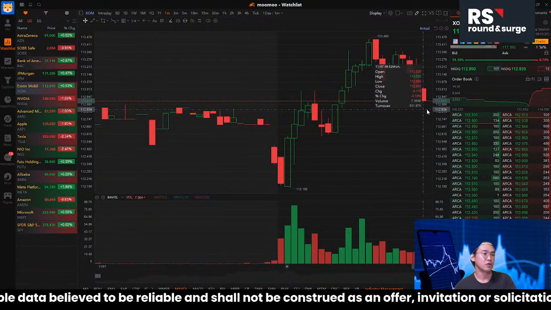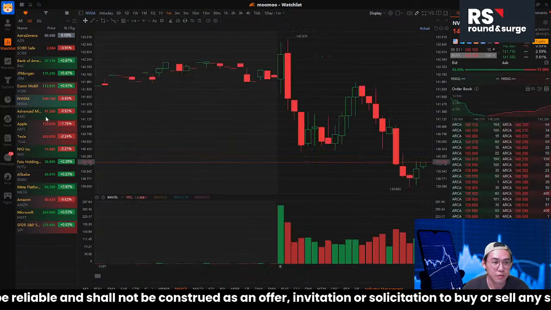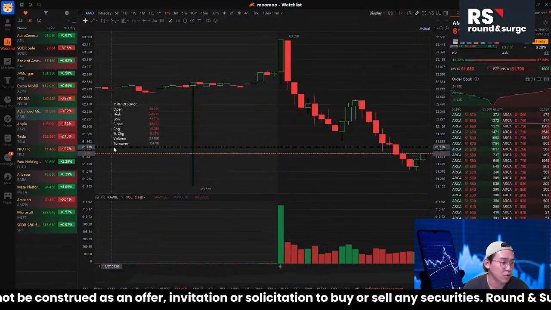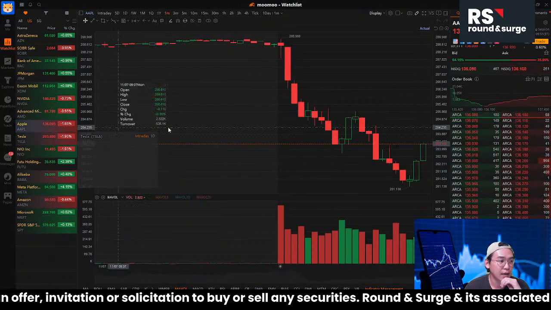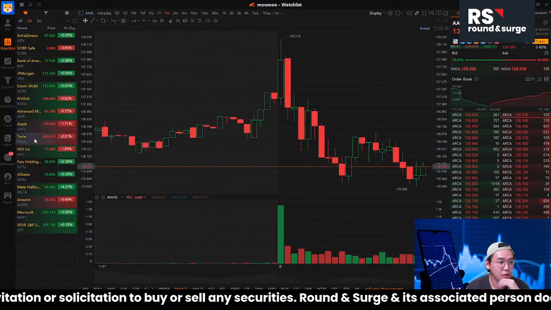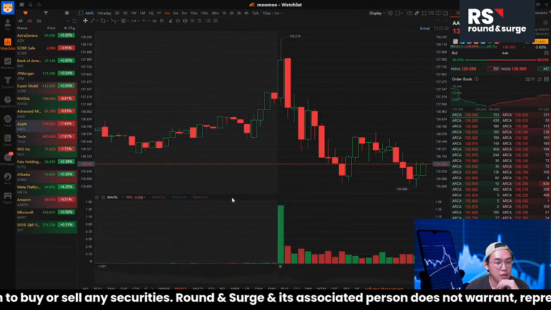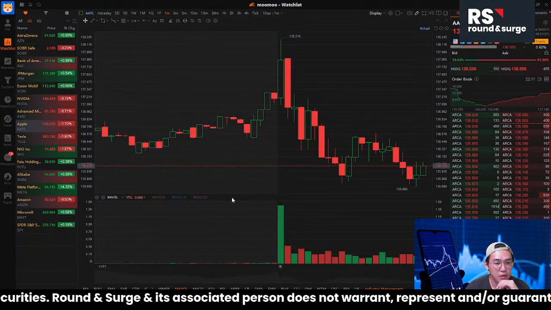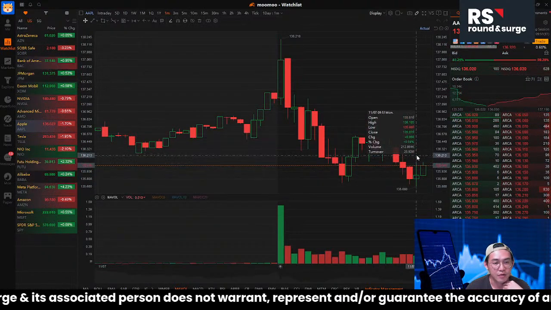Okay, so you can see this one continues to go lower, and that's it. Not gonna look into it anymore. I think for the rest, this AMD is forming a bottom. It's gonna take some time. Apple also forming a bottom here. Let's see whether this one can close up higher.